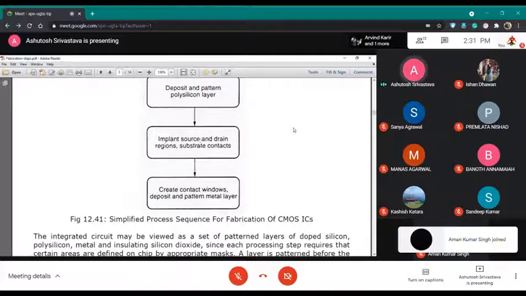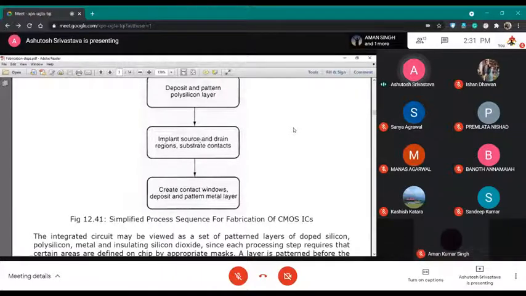So once you have the source and drain and your substrate contacts, you create a contact window and deposit and pattern the metal layers.